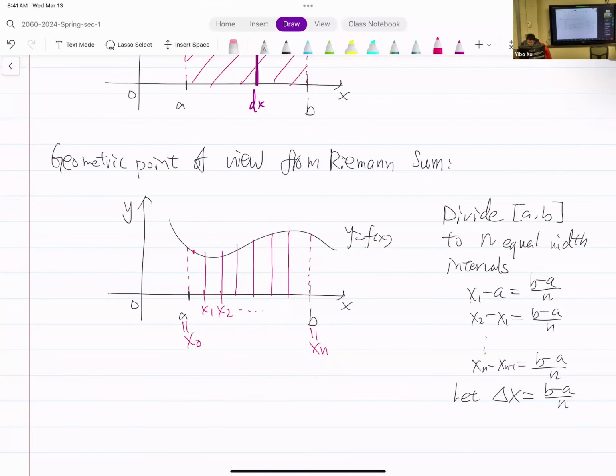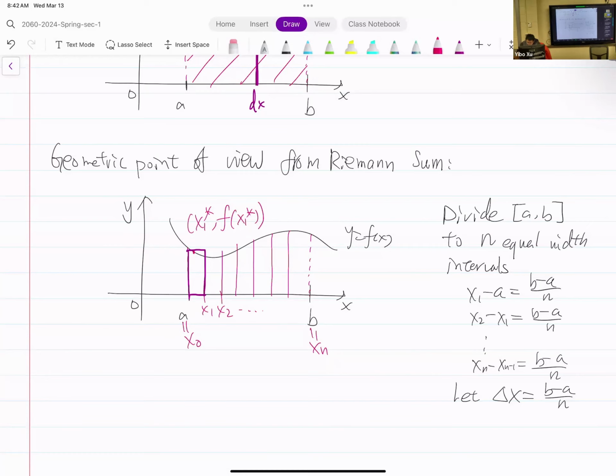Let's say this is the first sample point in the first interval, x1 star, and it has a y value of f of x1 star. If we use this height to represent the height of a rectangle, then that's exactly this region, approximating the area under the curve within the subinterval.